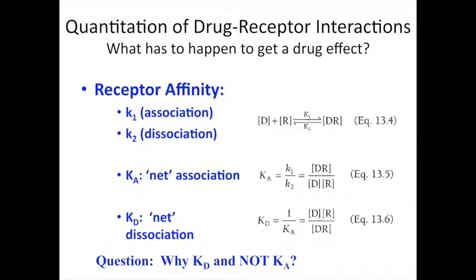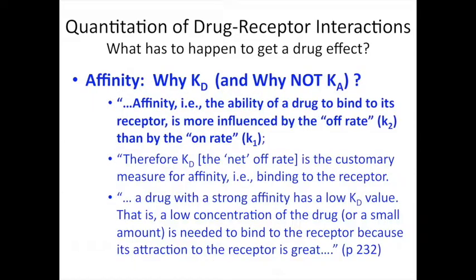The net association is K1 over K2. But really for drugs, we're most interested in the net dissociation constant. That's why it's called KD. It's really the net movement from the drug-receptor complex back to the drug and receptor as separate entities. KD is the dissociation constant.